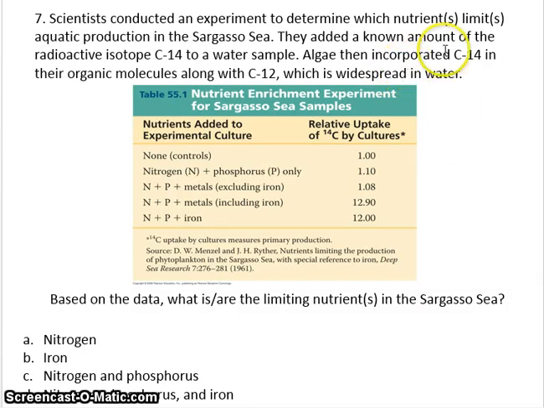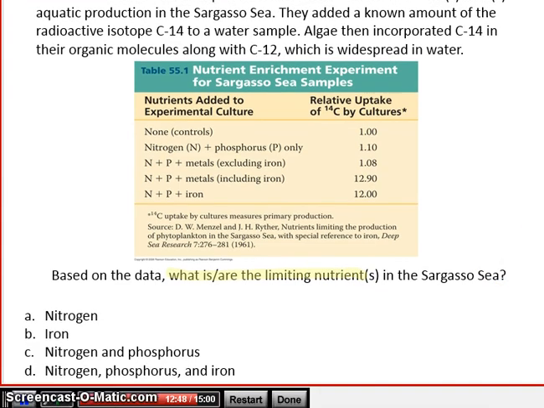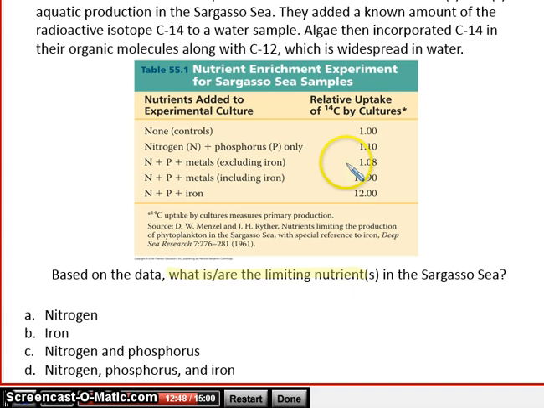Number 7 could be a fast one. Basically, I'm just going to go straight to the graph on this one, and I'm going to come down and look at the question. It says, based on the data, what are the limiting nutrients for this Mickey Mouse character? And so remember, limiting nutrients, what do we have to analyze? I wanted to do this fairly quickly.